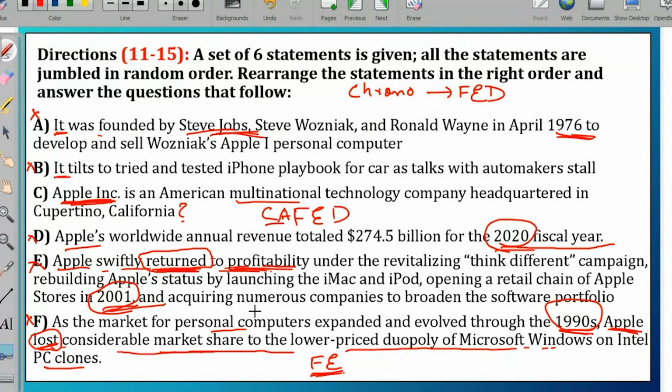रुको, एक स्टेटमेंट रह गया इसमें, बी स्टेटमेंट रहेगा. लेट्स सी इट अगेन. I missed the B statement.